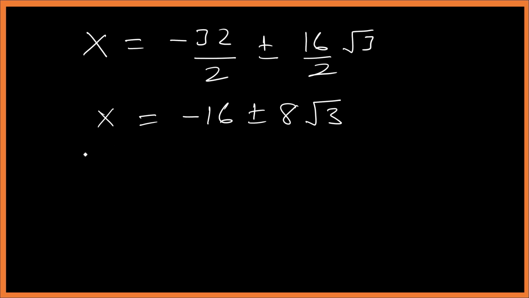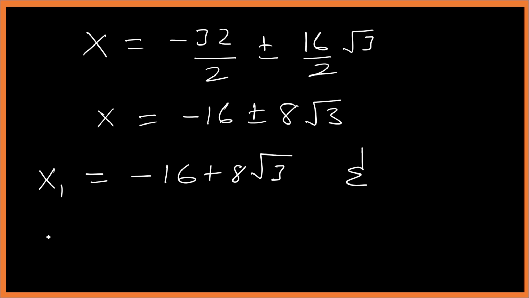Okay, so it means that the first answer, x1, equals 16 plus 8 root 3, and the second one, x2, is 16 minus 8 root 3. So that is the solution.